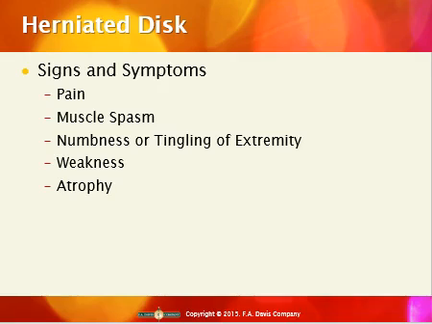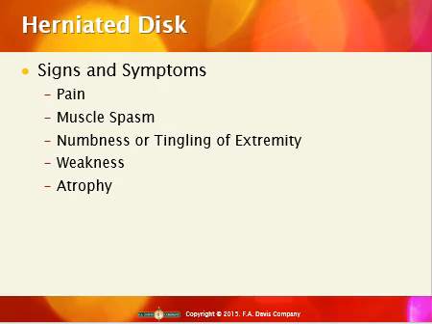Signs and symptoms of herniated disc include pain, muscle spasms, numbness or tingling of extremities, weakness, and atrophy. Cervical disc herniations cause pain and muscle spasms in the neck. The patient may have decreased range of motion secondary to pain. Hand and arm pain is unilateral and follows the distribution of the spinal nerve root.